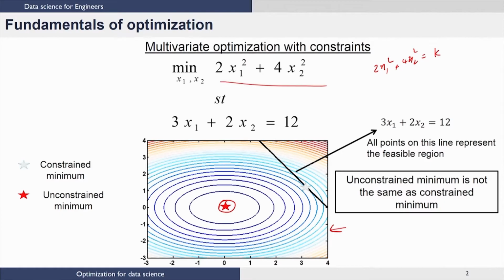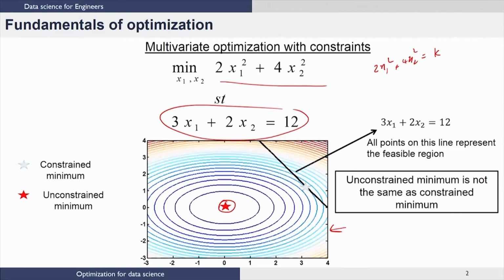In this case, I am going to introduce a very simple linear constraint. So, let us assume that we have a constraint of this form, which is 3x1 plus 2x2 equals 12. Now, what this basically means is the following. You are looking for a solution to x1 and x2 which also satisfies this constraint. Okay, that is what it means.